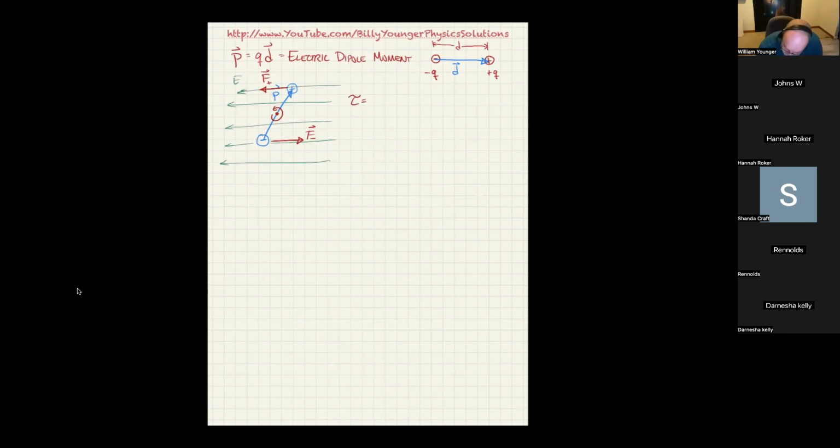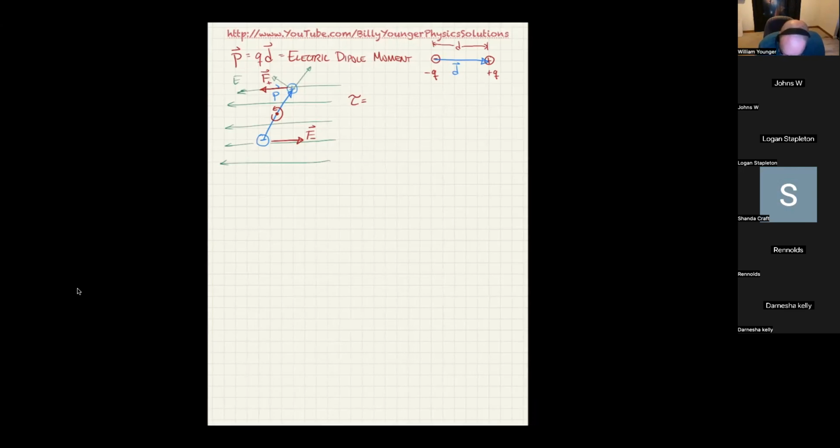And the way we normally do that is you can sort of think of this as our lever arm, this little vector that points from the center of rotation out to the point of application of force. And what we need is the component of force that's perpendicular to this one. So in this case, this electric field is that way. We could take and find this here. So that's one way we could actually do it.